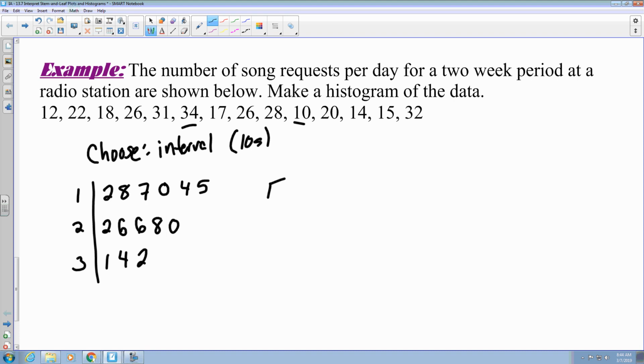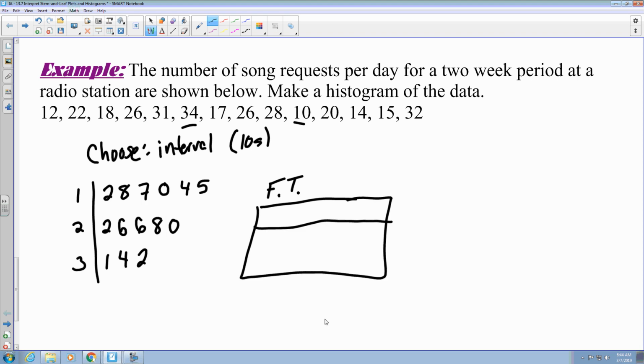So my frequency table is going to look something like this. I have pieces of data that go from 10 to 19. I got pieces of data that go from 20 to 29. And I got pieces of data that go from 30 to 39. So now I just get the count.